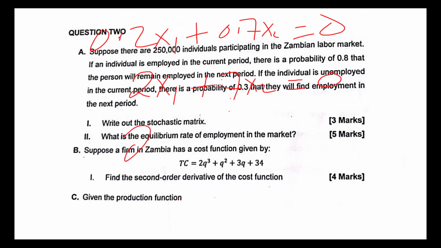So you have 2X1 is equal to negative 7X2.